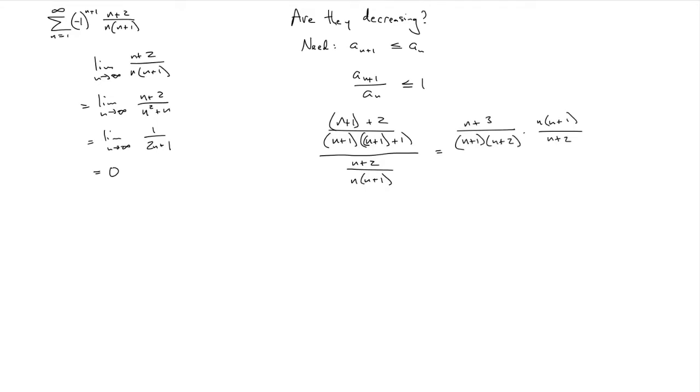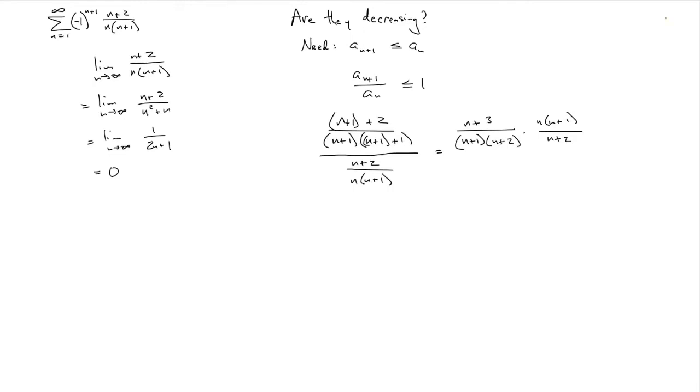Well, in the numerator, I took n plus 1 plus 2 and wrote that as n plus 3. And then I took the n plus 1 plus 1 and wrote that as n plus 2. And then I said dividing by n plus 2 over n times n plus 1 is the same thing as multiplying by n times n plus 1 all over n plus 2.